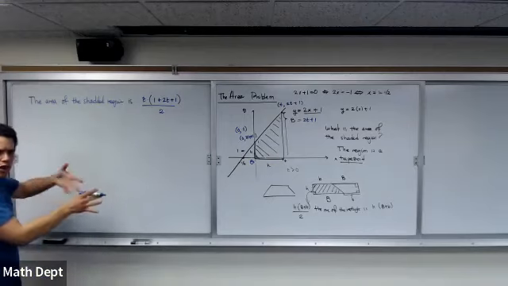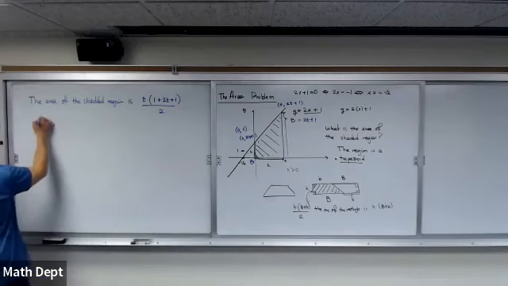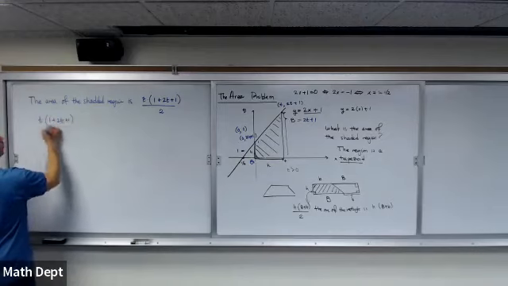Let me simplify that expression. I don't really like it that way. So now this is t times 1 plus 2t plus 1 divided by 2.